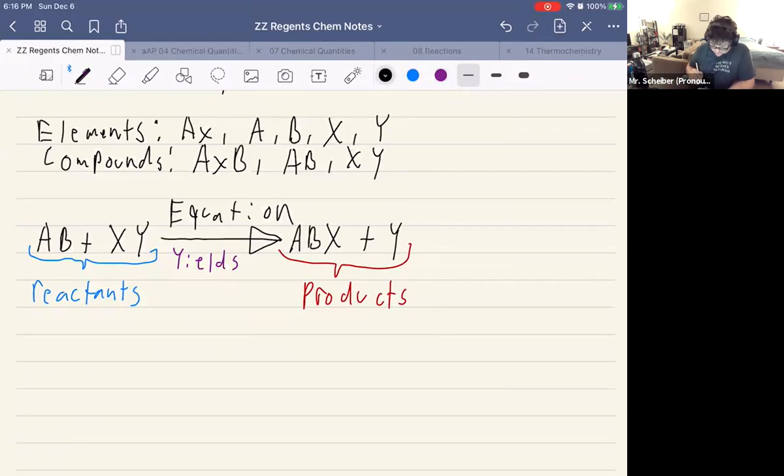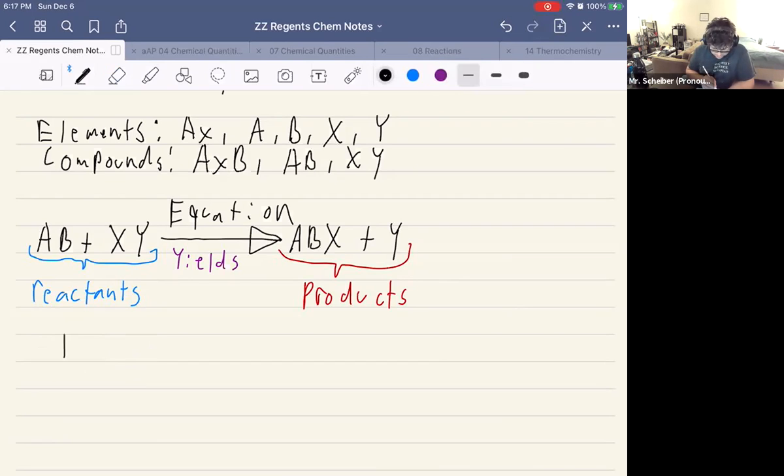Let's look at a more specific equation, the equation to make water. If you mix hydrogen gas. Oh, wait, we never went over that. Let's go over what that means before we do that. See how we did a little subscript there?